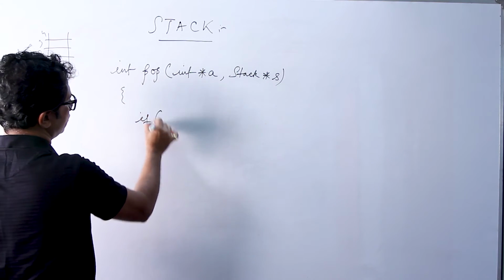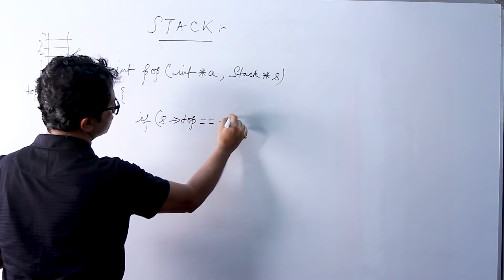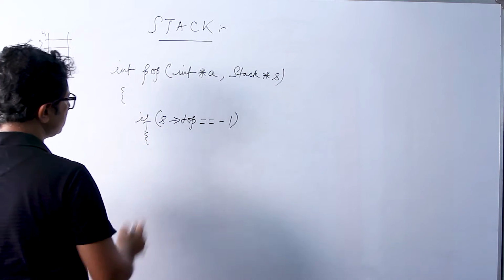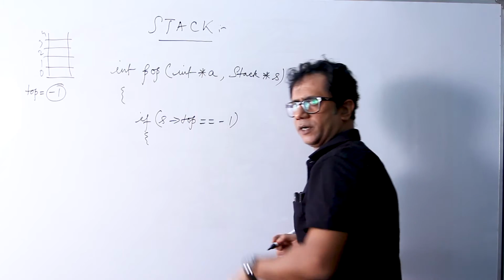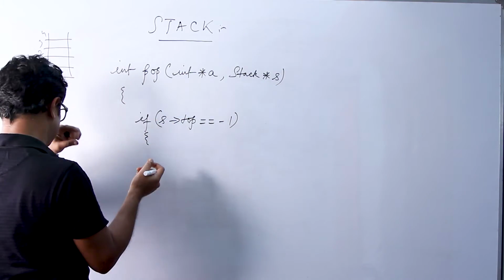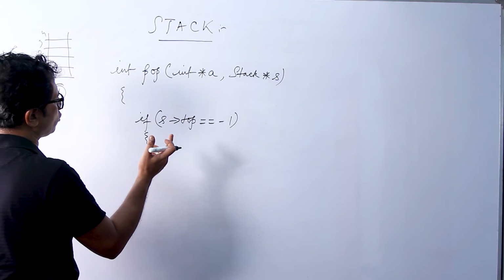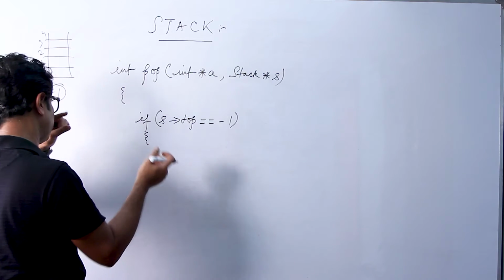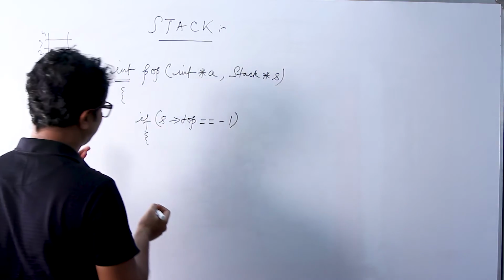Now we will see whether the stack is empty. If s arrow top equals -1, that means the stack doesn't contain any element. In this case, we cannot take out any value from the stack, so the pop operation will be a failure. In order to denote a failure operation, we have taken an integer data type, and we will return 0 in that case.